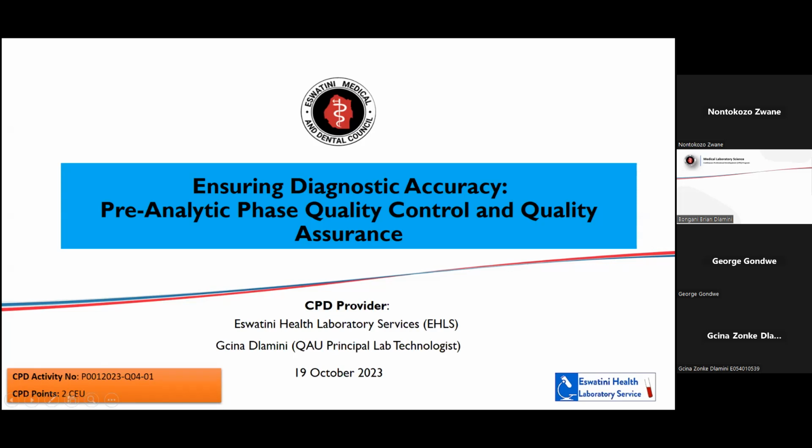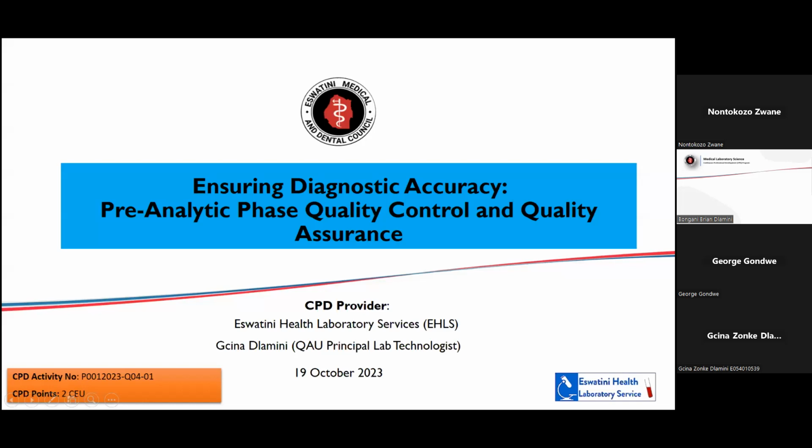There is a saying: garbage in, garbage out. If we bring good quality samples, we are sure that we will get good quality results. Accuracy in laboratory testing is very important for patient care, and if we don't get good samples, the treatment will probably not be good for the patient. Misdiagnosis can lead to serious health consequences.